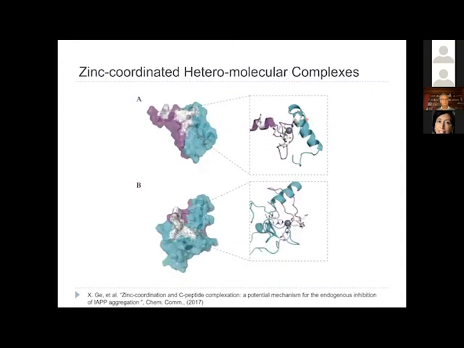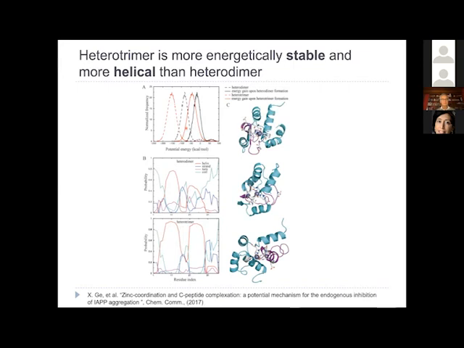When we examined the heterodimer, we found that zinc in many cases is still exposed and not saturated, because based on the analysis of crystal structures containing zinc, zinc can coordinate up to 6 chemical moieties, either nitrogens or oxygens. So then we modeled the heterotrimer, which has one zinc, one C-peptide, but 2 IAPP.